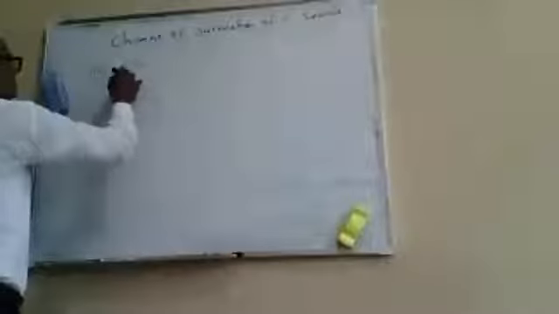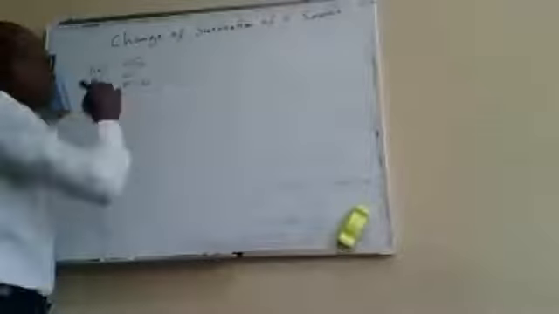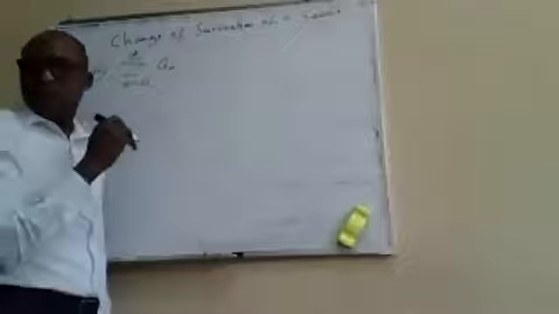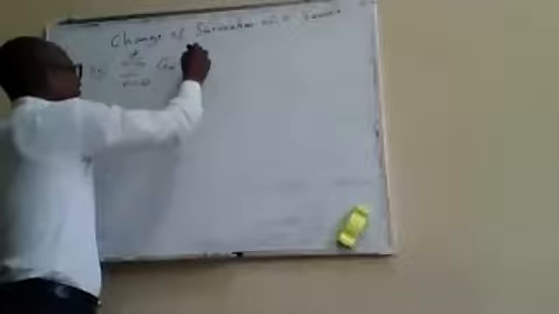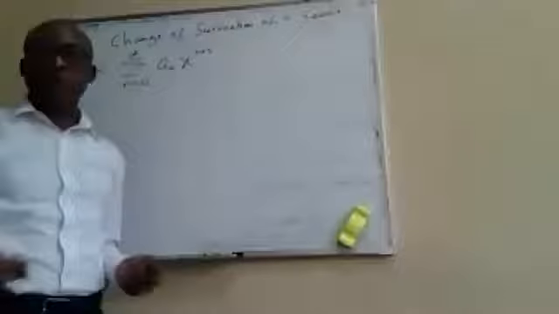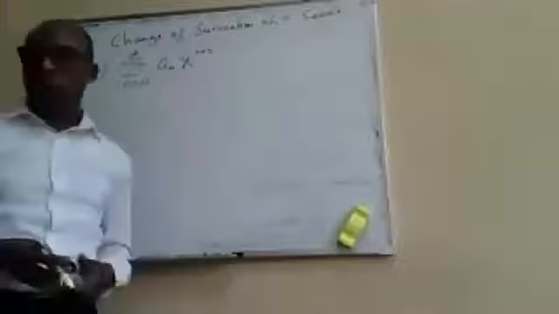Let's look at another example. Let's say you are doing summation n equals 0 to infinity, a_n x^(n+2). You want to change it to summation starting from 1. You know it's starting from 0 now, but you want to change it to 1.